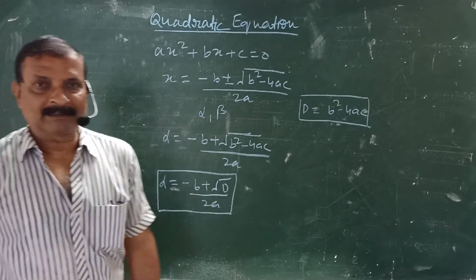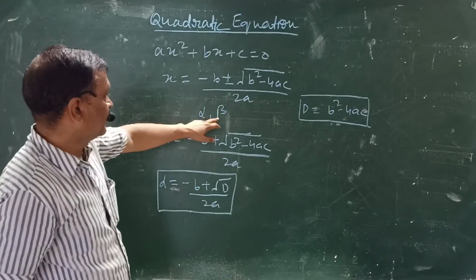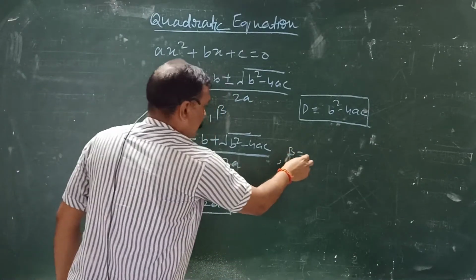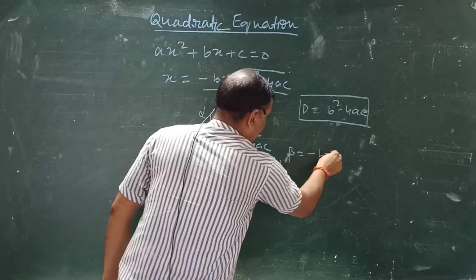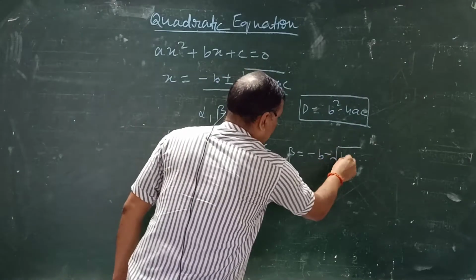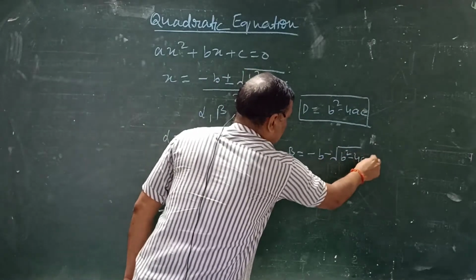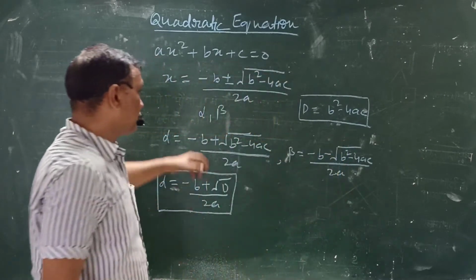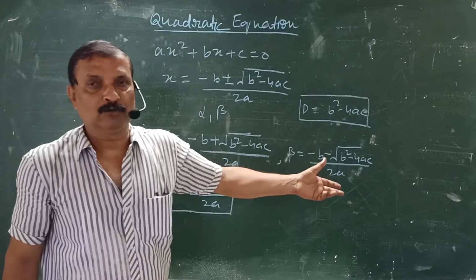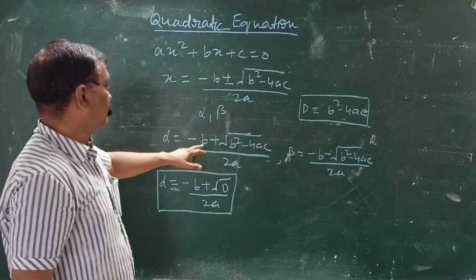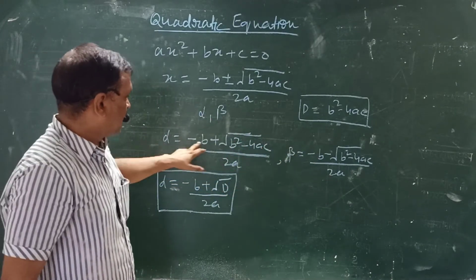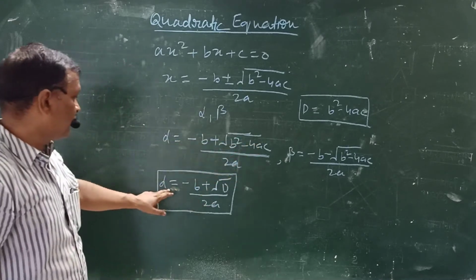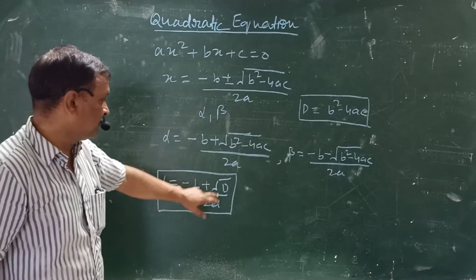And the second root of the quadratic equation is beta. Then beta is equal to minus b minus root b square minus 4ac upon 2a. In both manners we can write the values of alpha and beta. First method, alpha is minus b plus root b square minus 4ac upon 2a, or alpha is equal to minus b plus root D upon 2a.